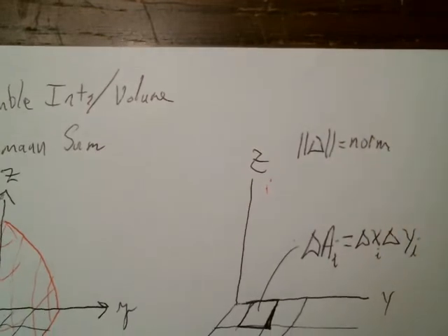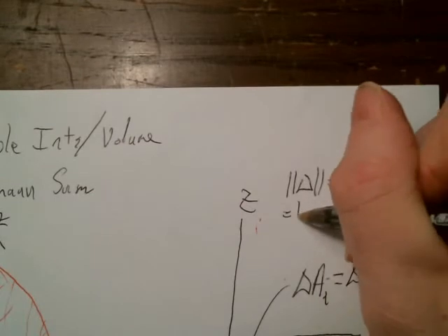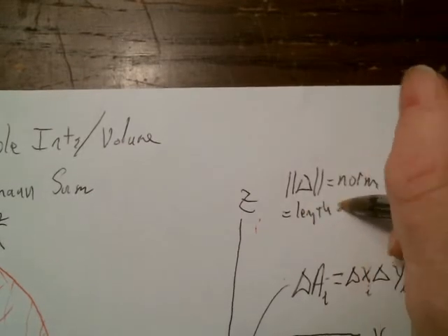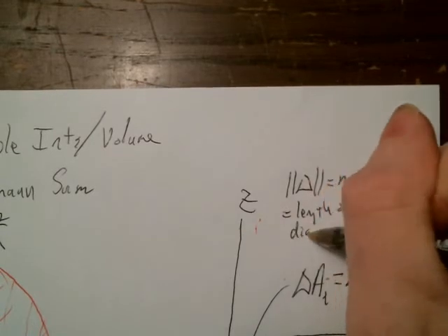This norm value is the control on how big or how small these rectangles are. With the Riemann sum, we had norms as well, and the norm would be the length of the largest interval that we are integrating over. Here, the norm represents the length of the longest diagonal on any of these rectangles.